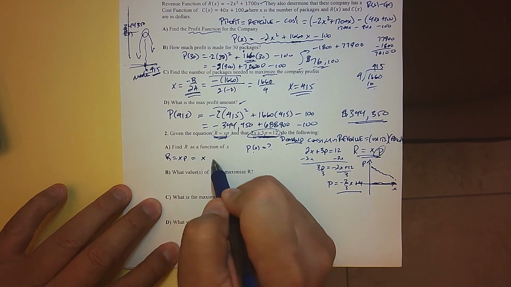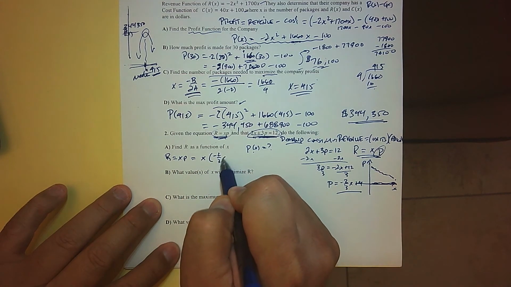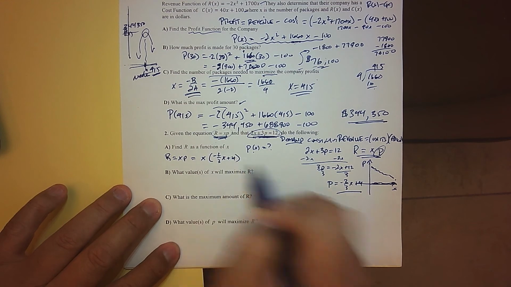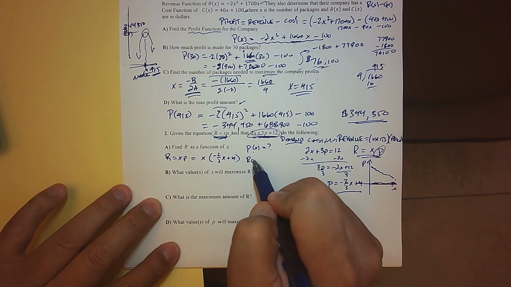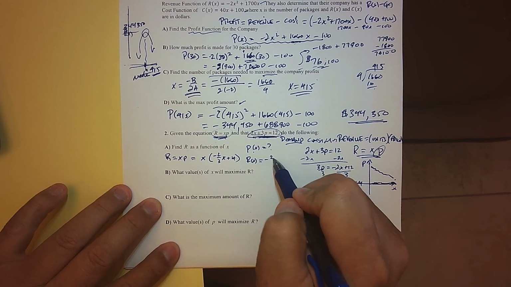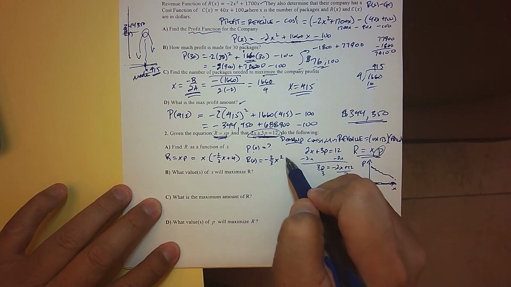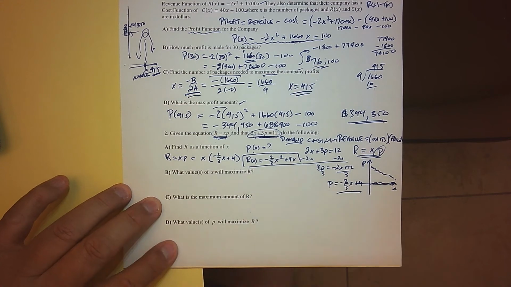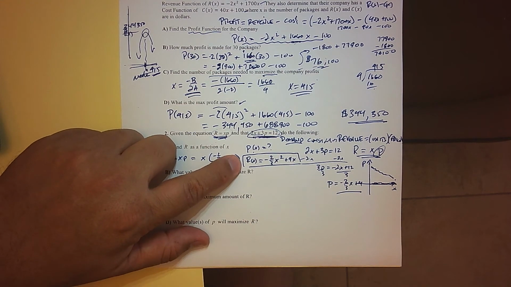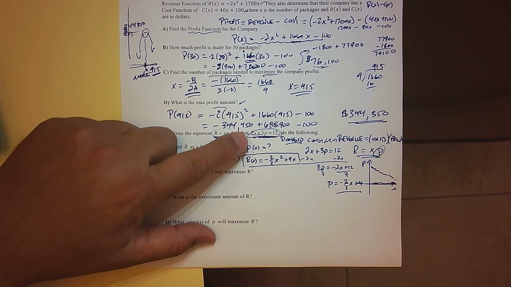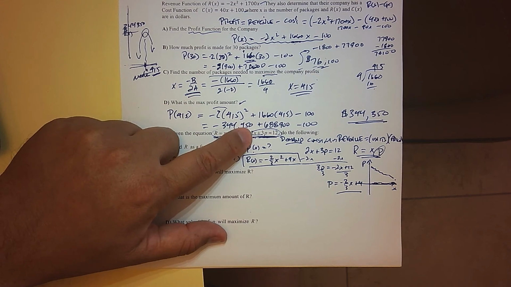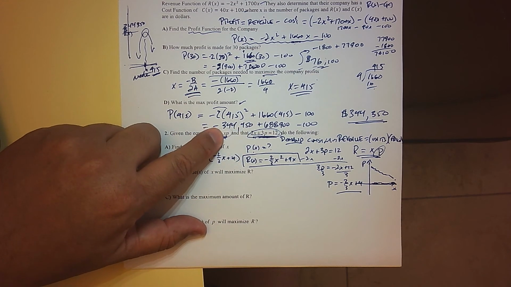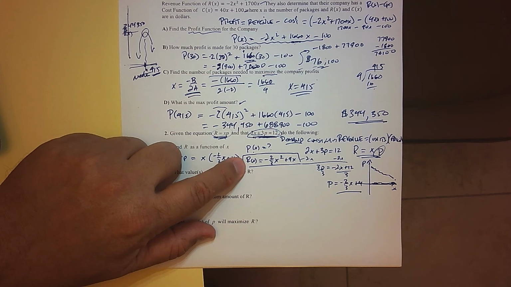X is still x, but p is negative 2/3 x plus 4. And so when all is said and done, our revenue function is negative 2/3 x squared plus 4x. So for this situation, we've just built the function that we're going to maximize. And we did it by using the constraint to go from something that depends on 2 things to a function that depends on just 1 thing.